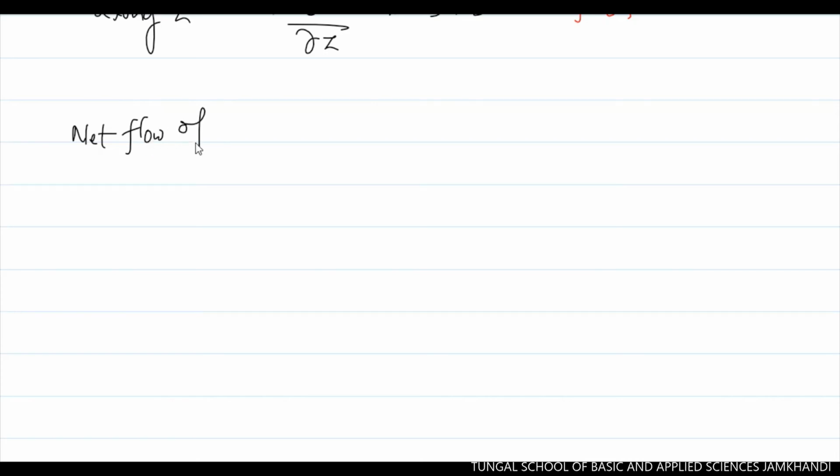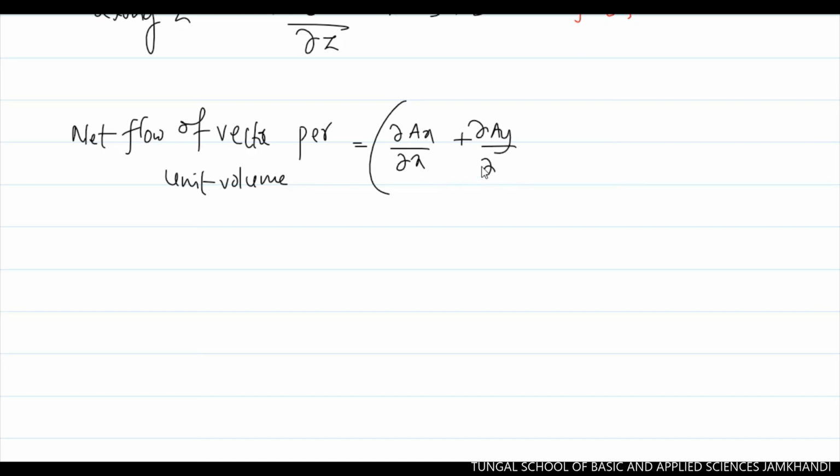of a vector per unit volume is given by, that is, we need to add all the three components per unit volume, that is dou Ax divided by dou x plus dou Ay divided by dou y plus dou Az divided by dou z into bracket, that is delta x, delta y, and delta z.